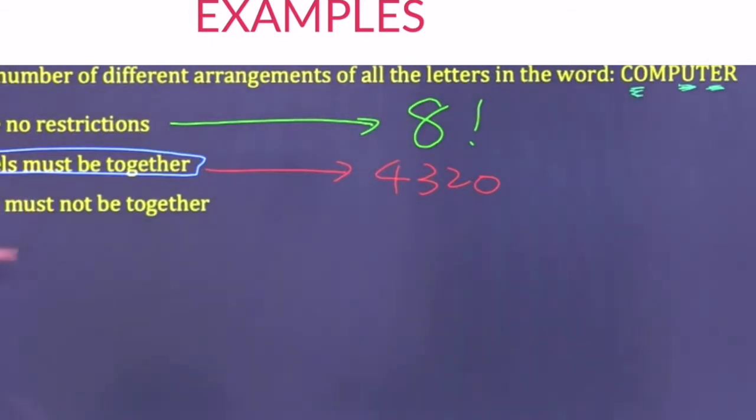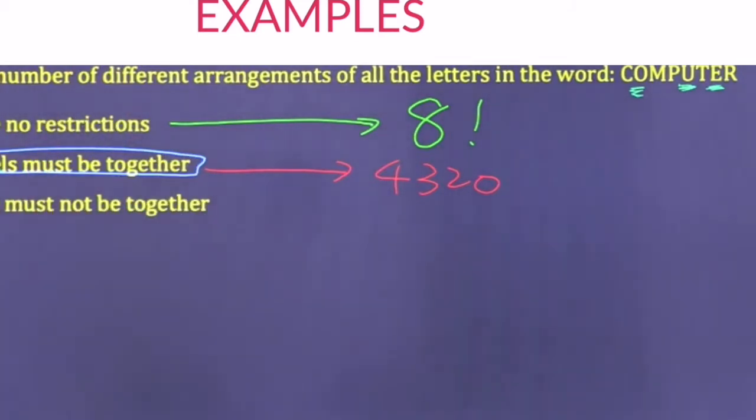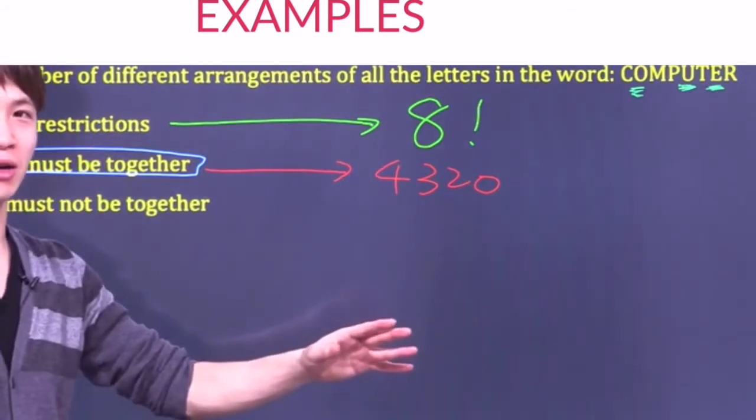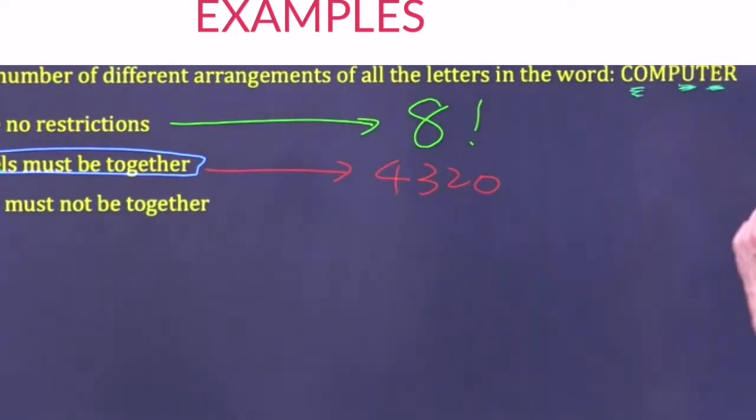So question 3 is the opposite of the second question here, right? The second question here is vowels must be together. Now the third question, the complete opposite. Now the vowels cannot be together. How do we do this question then? Guys, let's think about this.